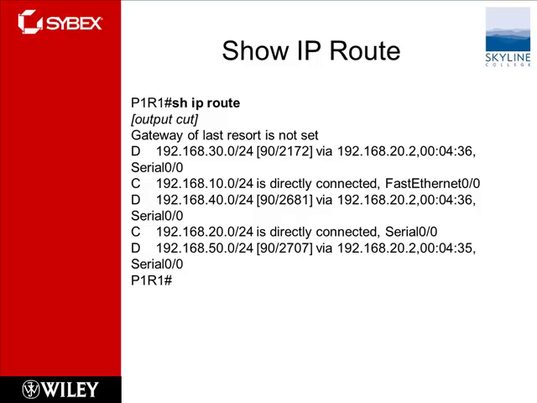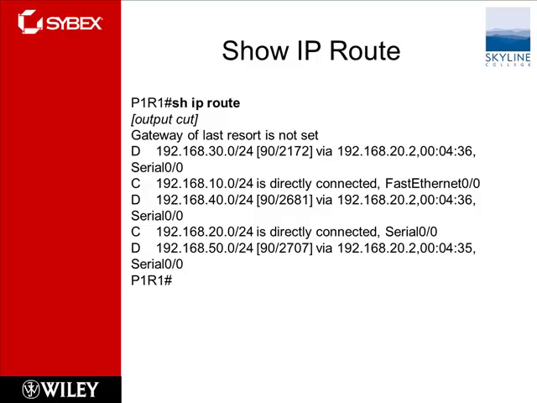And again, here the D, the EIGRP, administrative distance of 90, metric 2681, connected, and then 90, 2707 via the next hop address. And then it tells us the serial port that it's going out of also. If one of these went down, it would look for the same administrative distance and the next best metric.